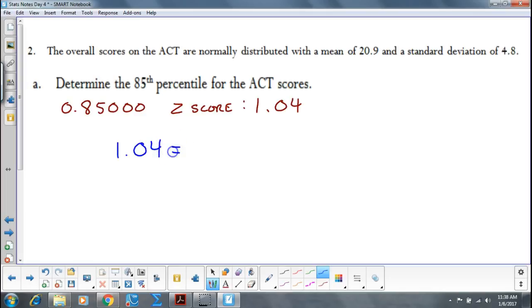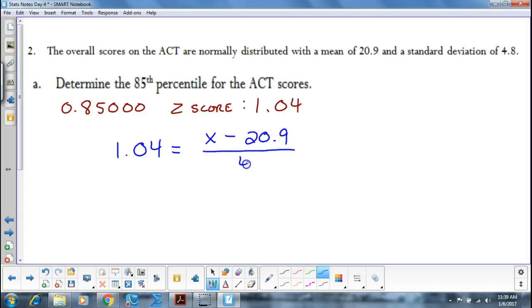So 1.04 equals x minus 20.9 divided by 4.8. 1.04 times 4.8 gets me 4.992.